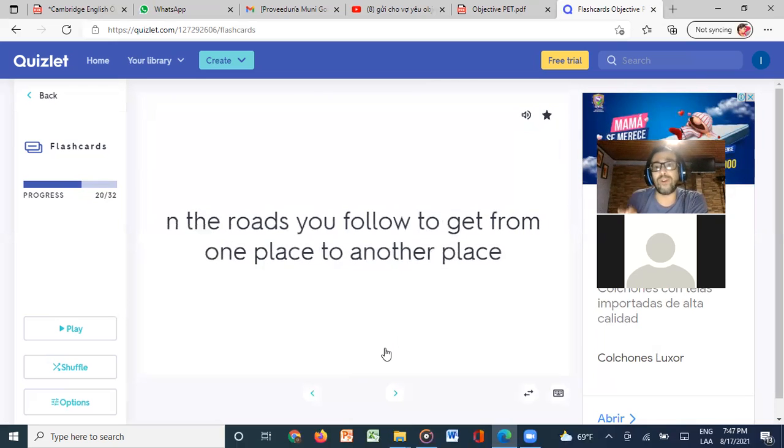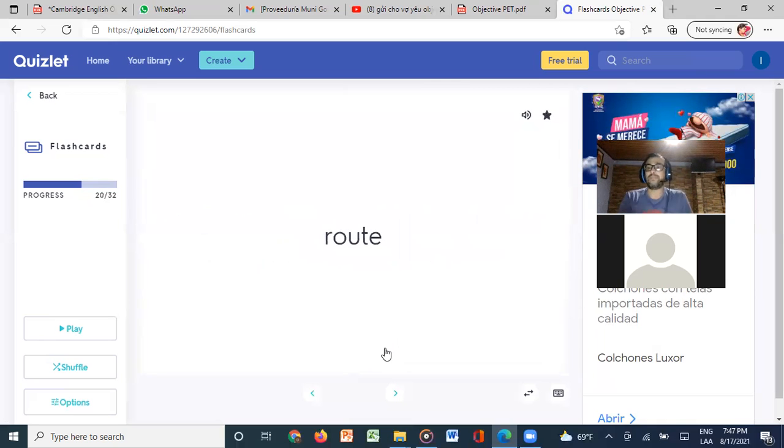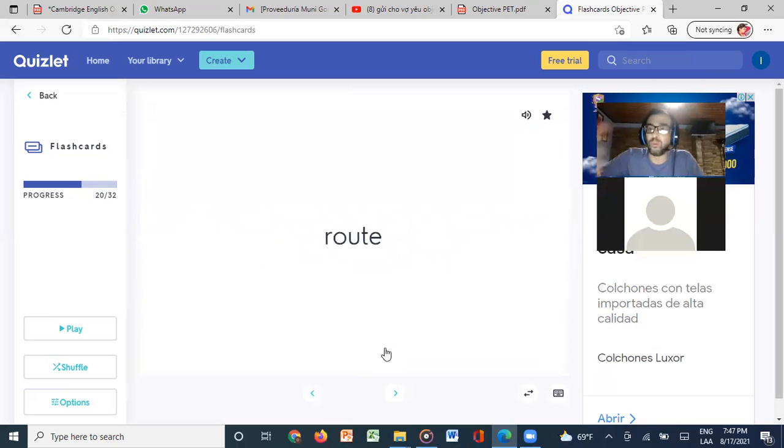That's the roads you follow to get from one place to another place. For example, if you have a school bus, you have a route, right? Some places that you definitely need to go to pick up the kids, right?